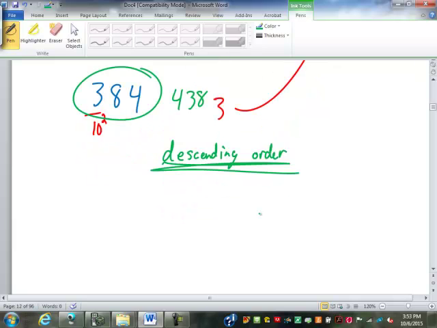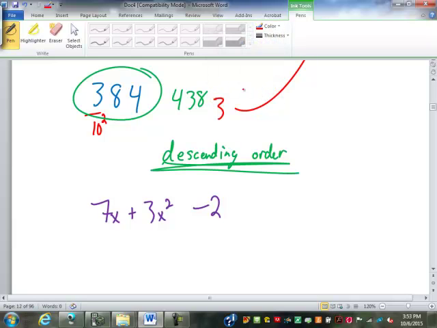Well, even though we always write out the place values in algebraic numbers, we still try to write them in descending order.